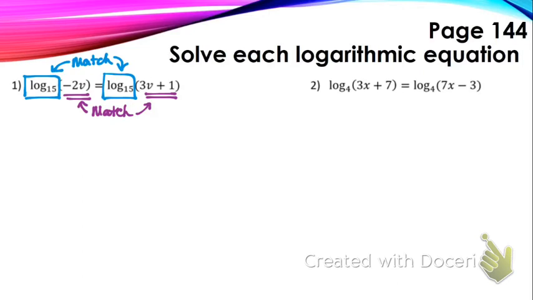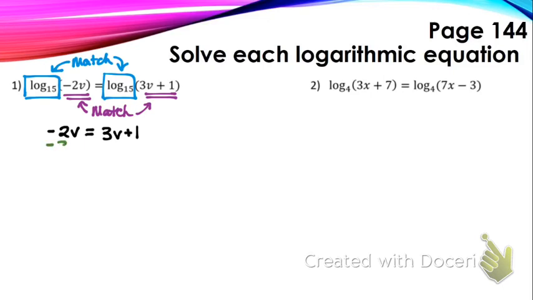If I want to say that two things match or two things are the same in math, what symbol do I put in between them? An equal sign, yes. So negative 2v is equal to 3v plus 1. Where would I go from here? Solve. What do I do to solve it?